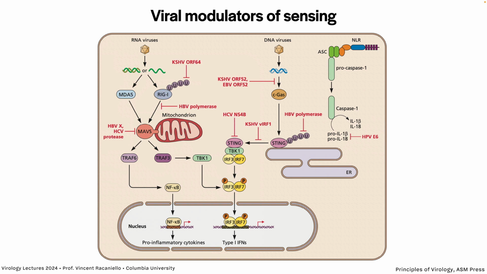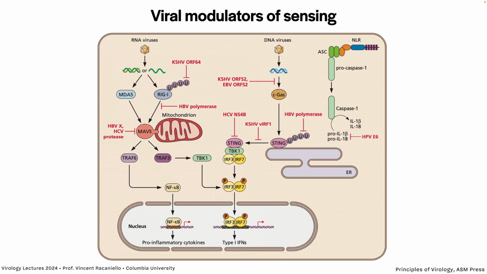So we have, all in red here, antagonists of these various systems that we've talked about. For example, the cytosolic sensing of RNA by MDA5 and RIG-I. It's antagonized by multiple viral proteins at different steps. For example, this KSHV, Kaposi's sarcoma herpes virus protein, blocks ubiquitination of RIG-I, which is needed for its activity. The other proteins block the signaling pathways downstream of the sensing.